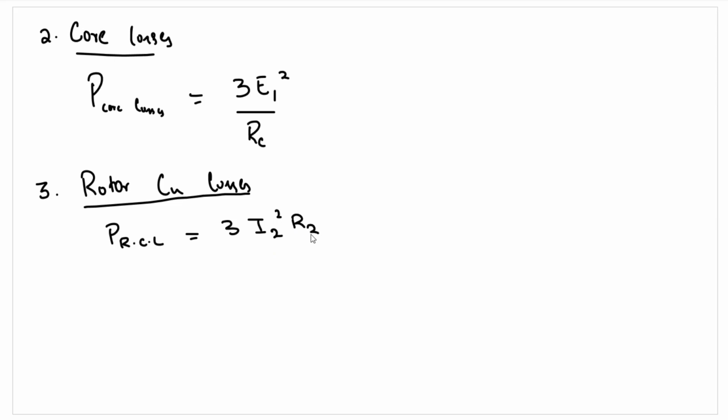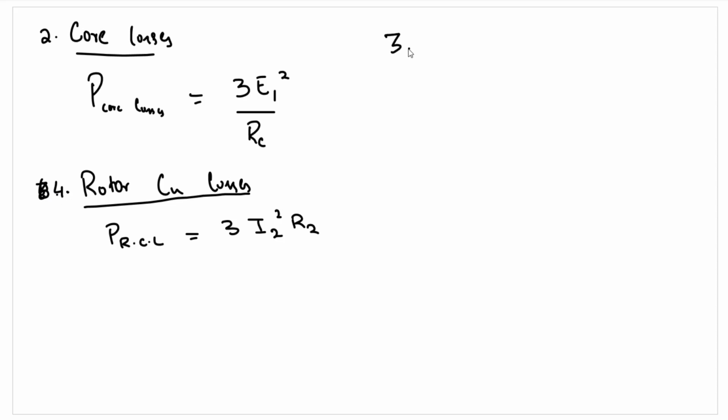I2 is the current flowing in the rotor windings. R2 is the resistance of the rotor winding. For a single phase winding, it will be I2 square R2. For a three phase winding, it will be thrice I2 square R2.